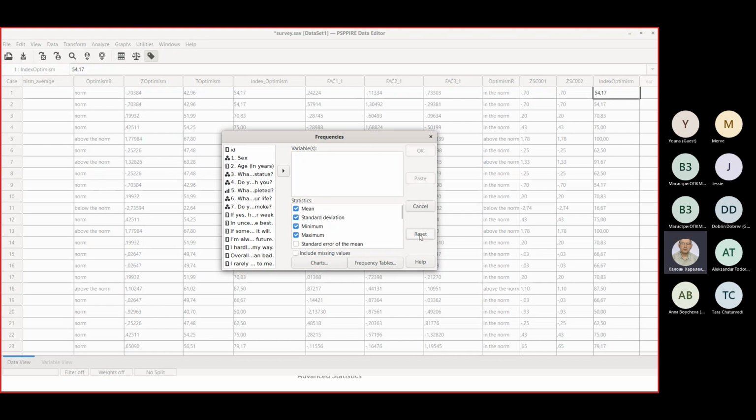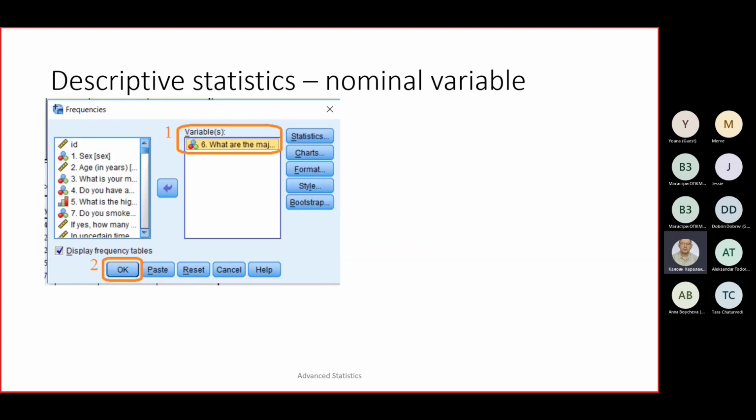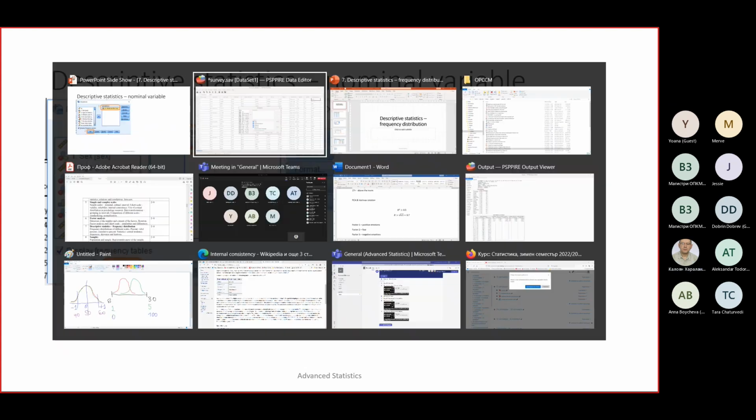So I will press reset to start from the beginning, and I will switch to presentation to see which variable will be the first. So the first variable is what are the major source of stress in your life, I think.